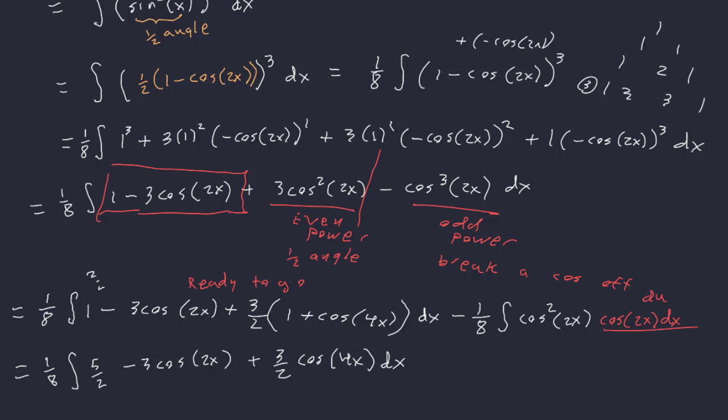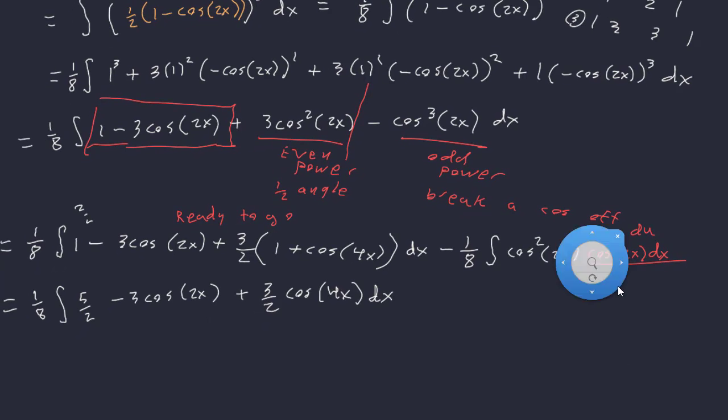Now here, with our setup, we want our du to be this cosine of 2x, which means we want our u to be sine of 2x. Well, when we do that, we actually get a 2 that shows up. Sine of 2x, its derivative is 2 cosine of 2x.